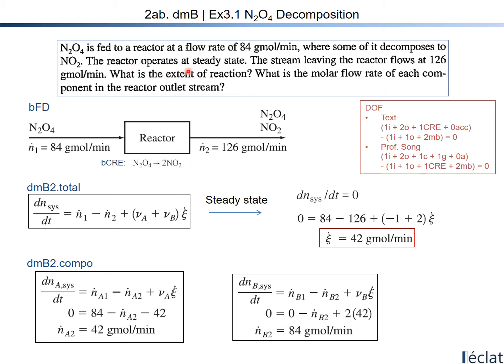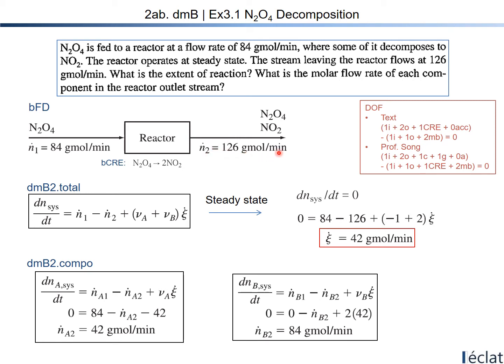The reactor operates at steady state and the stream leaving the reactor flows at 126 gram mole per minute. This value indicates the total moles of products and reactants in stream 2, the output.